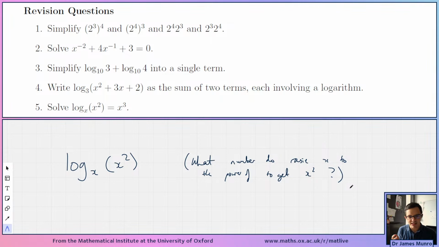Which, when you say it like that, is a silly question. You know what number you raise x to the power of to get x squared, it's 2. Or if you prefer, this log base x kind of cancels out the x down here, the inverses, so this thing just simplifies to the number 2.